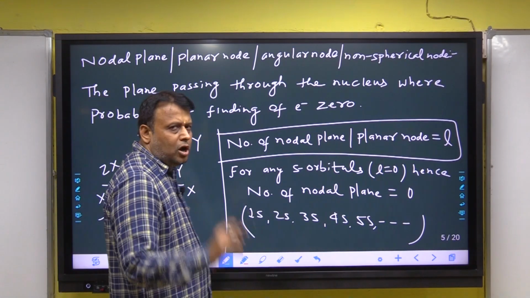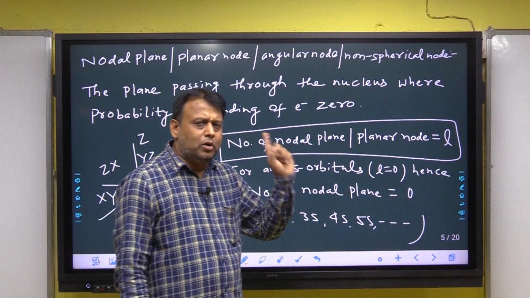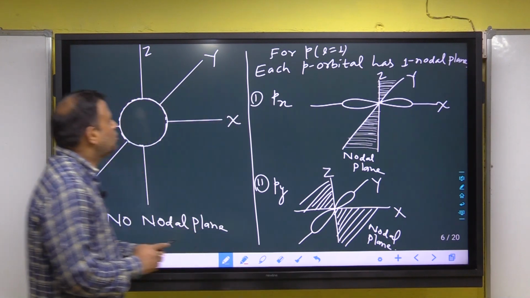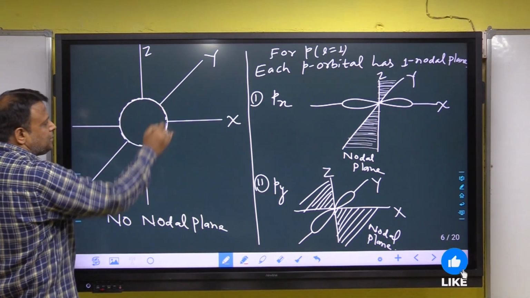Clear? Next, always keep in mind, the number of nodal planes is equal to L and the radial node is equal to n minus L minus 1. Next, listen, s has a spherical shape.